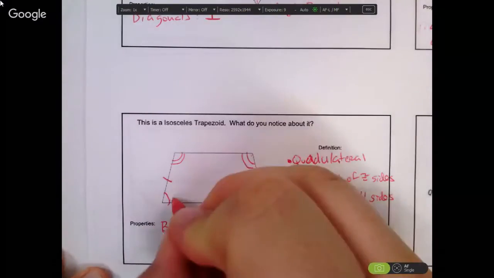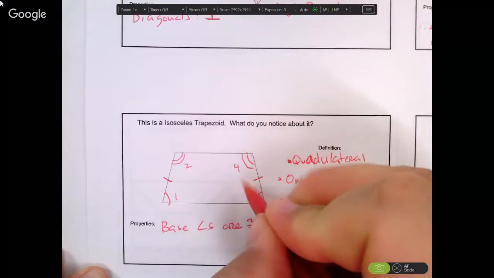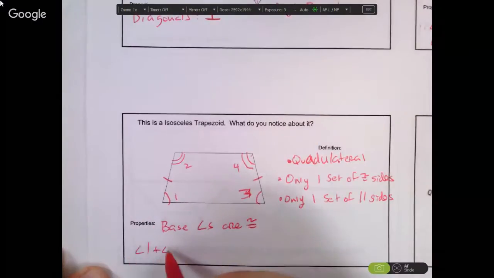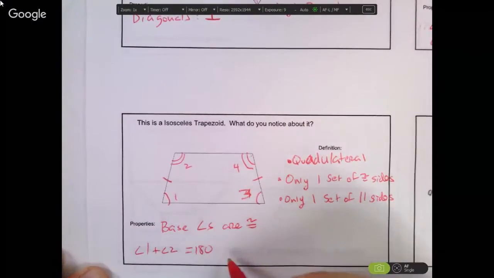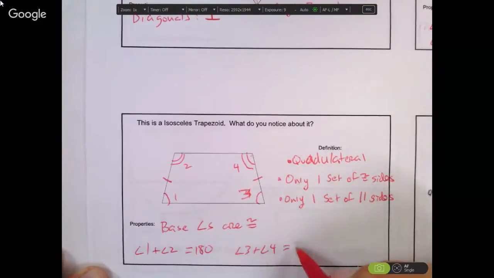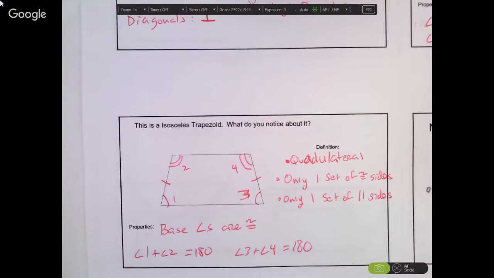So let's name these 1 and 2, and 4 and 3. Angle 1 plus angle 2 equals 180. Also, angle 3 plus angle 4 equals 180, because of same side interior angles.